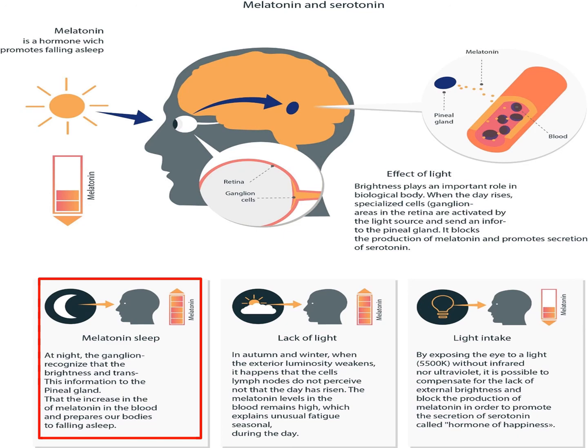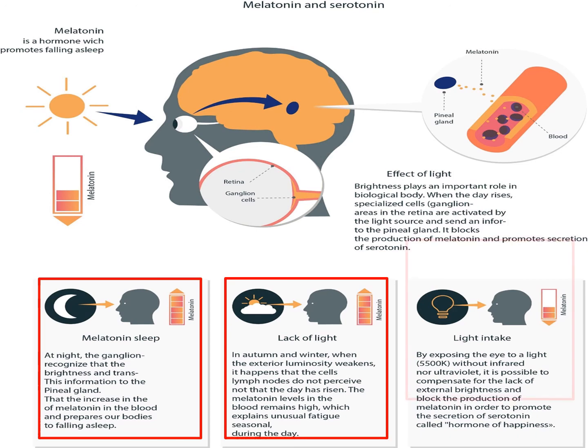But in another condition, if there is a lack of light in autumn and winter, what happens when the exterior luminosity weakens? The ganglion cells do not perceive that the day has risen. The melatonin level in the blood remains high, which explains unusual seasonal fatigue during the day.